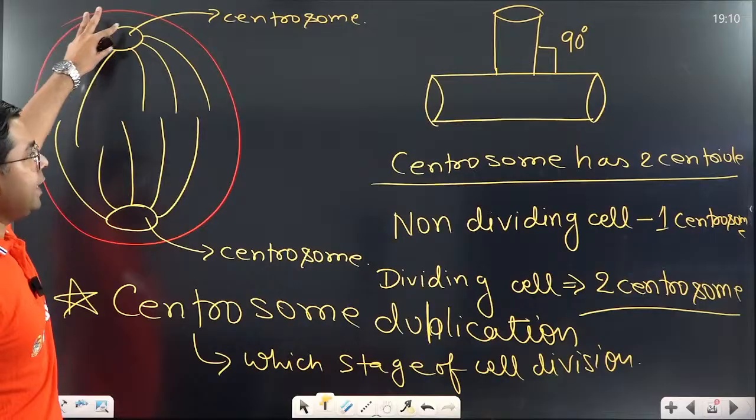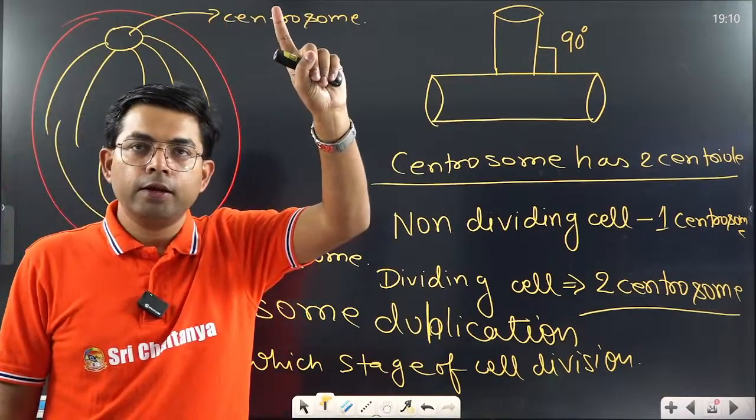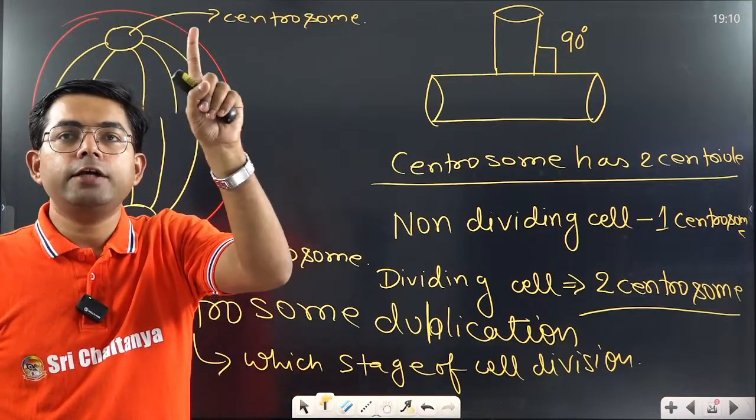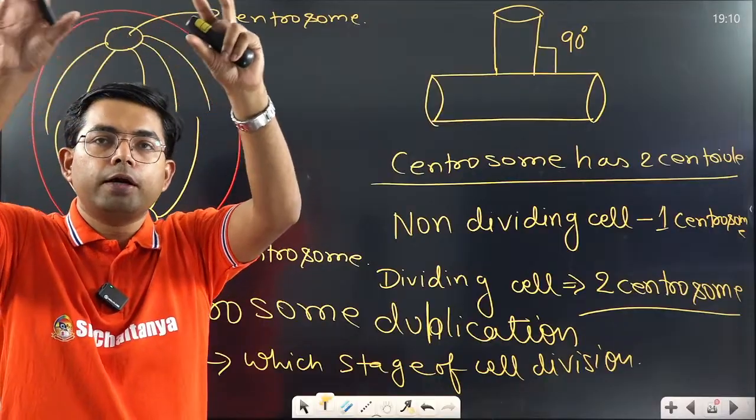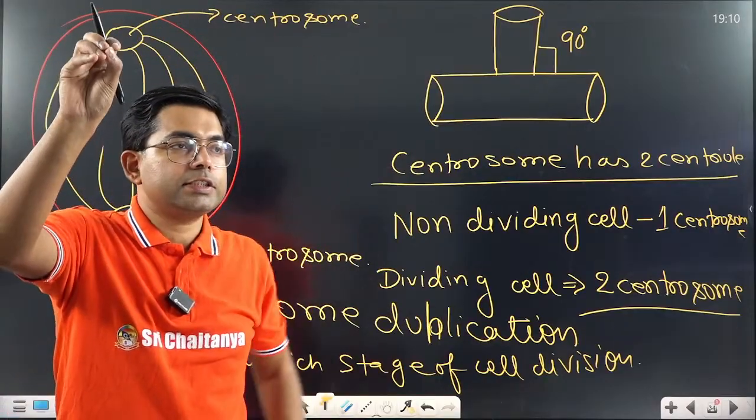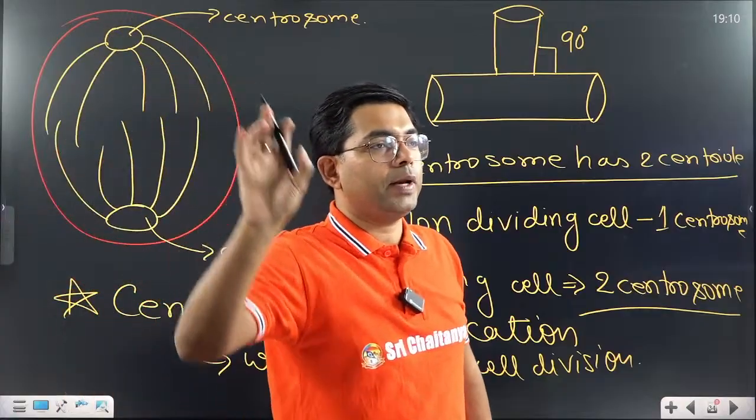See, usually there is only one centrosome in the cell. When the cells decide to divide, the centrosome become 2. In which stage centrosome duplication take place?